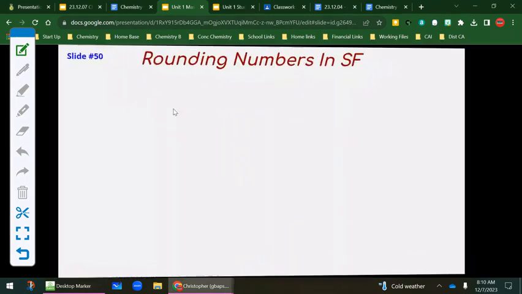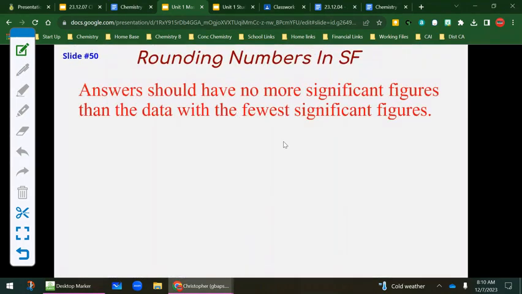Good. All right. And here's the key. When you are rounding a number, your answer should have no more significant figures than the data with the fewest amount of sig figs. So there are rules for when we're rounding. When we're rounding, we're either going to round to a place, meaning if we round to the tenths, or the hundredths, or the ones.